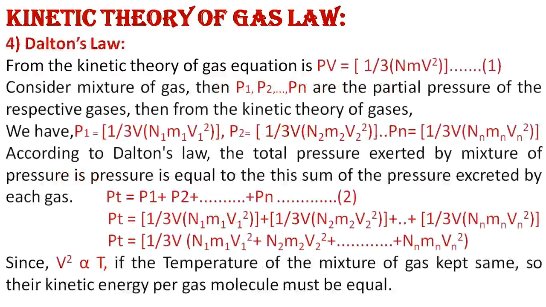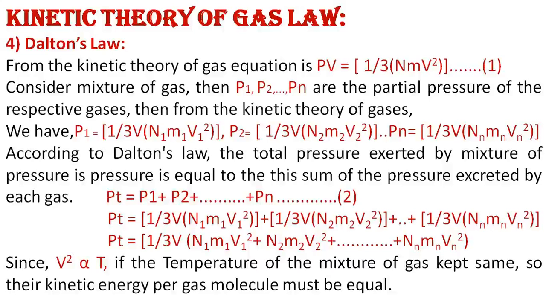Now the next law is Dalton's law. From the kinetic theory of gas equation, PV is equal to 1 by 3 N m v square. That is equation number 1. Consider a mixture of gases, then P1, P2, up to Pn are the partial pressures of the respective gases.